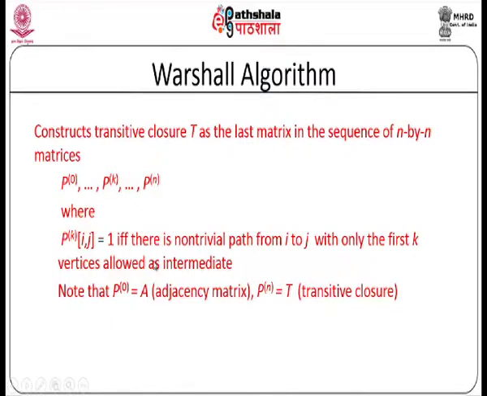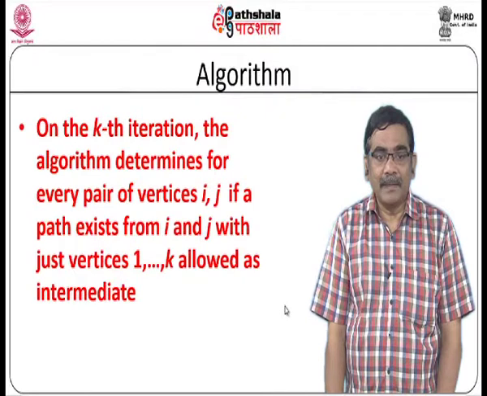So, the logic is very simple. We will keep on making a node active at a time. We will recompute the path using the active node. We will keep on generating P1, P2, etc. At the end of the algorithm, P to the power n, where n is the nth iteration, gives you the matrix which we can call the transitive closure matrix, which gives the path or connectivity matrix.